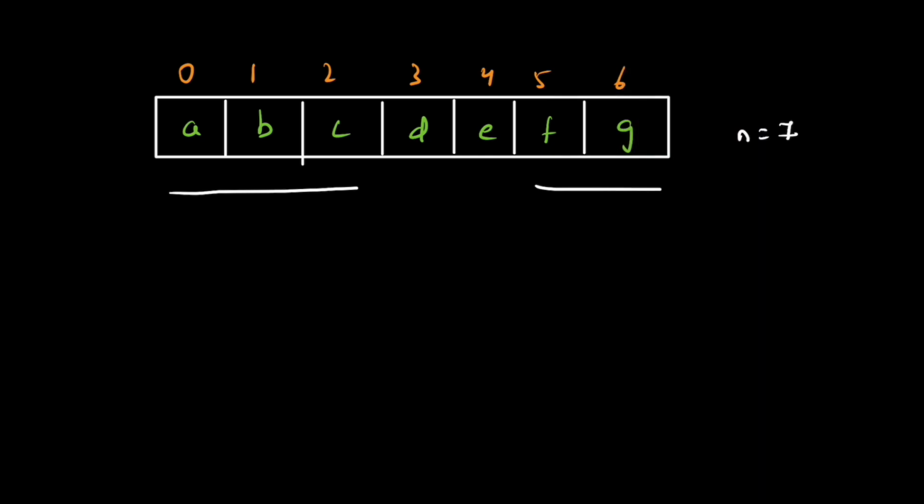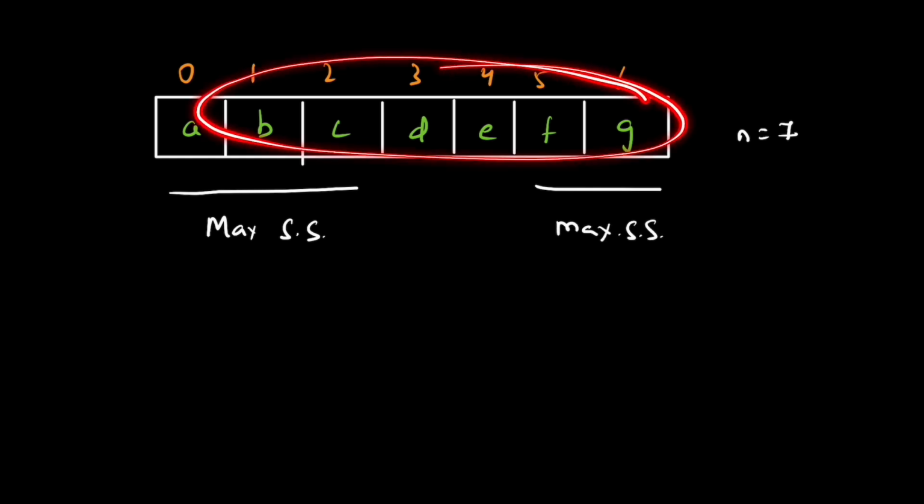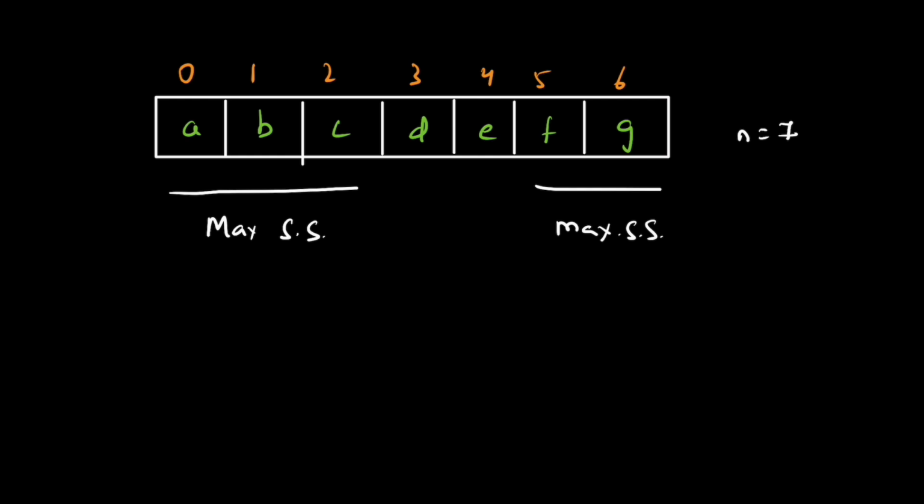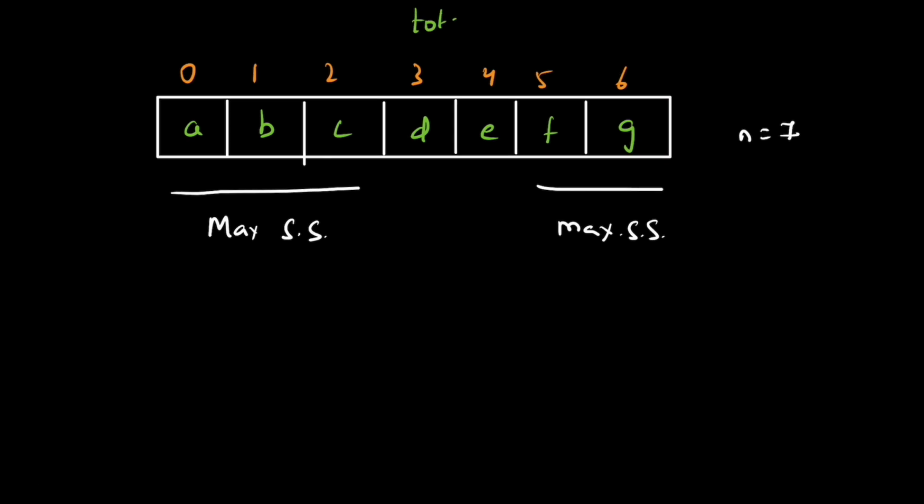Let me name it as maximum sum subarray, and this too maximum sum subarray, right? Now this whole array sum will be the total sum of the array, right? So let me write it down. The total sum would be the sum of all elements in the array, right? And let's consider this part to be x, that is, this part is x, right?